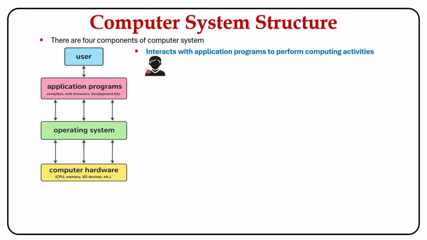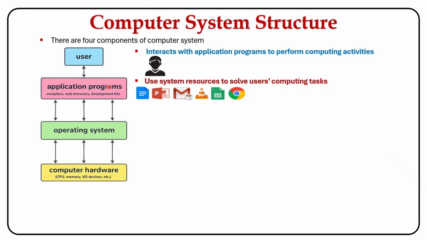The user interacts with different application programs to perform computing activities such as creating documents, browsing the internet, watching videos, or sending emails. So without user, there are no instructions for the computer to execute. The second component is application programs. Application programs are software designed to perform specific tasks for the user.